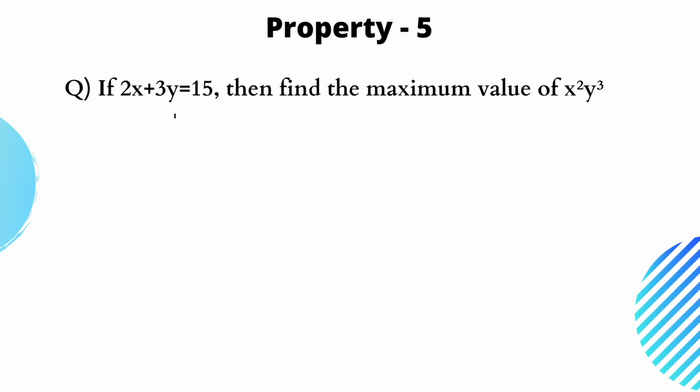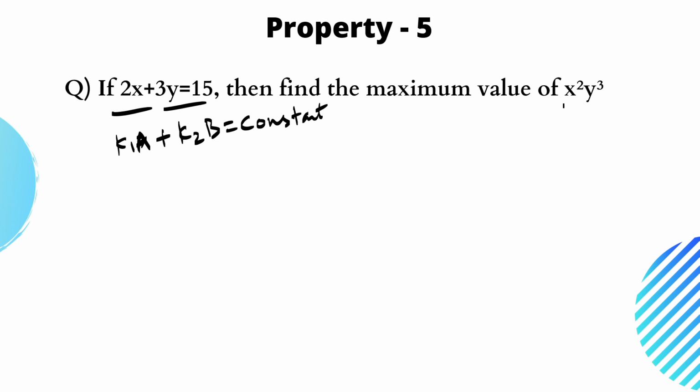So if 2x plus 3y is equal to 15, then find the maximum value of x square into y cube. So 2x plus 3y is equal to 15. So 2x is in the form k1a and 3y is in the form k2b. This is equal to some constant, right?